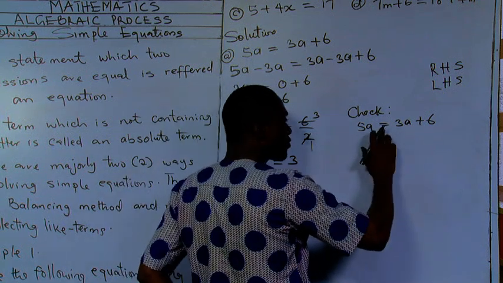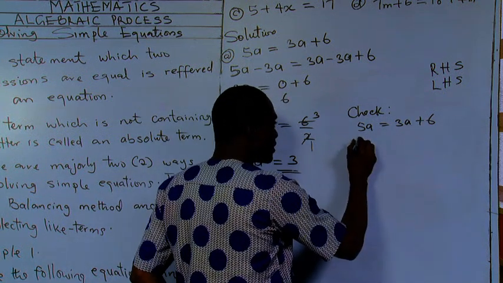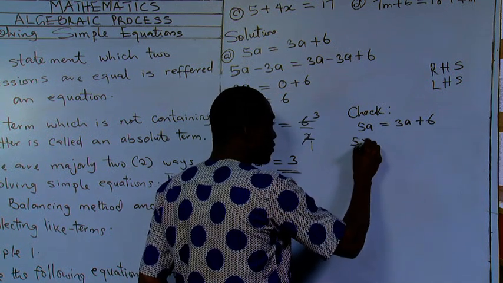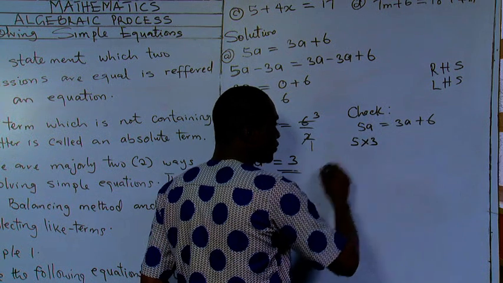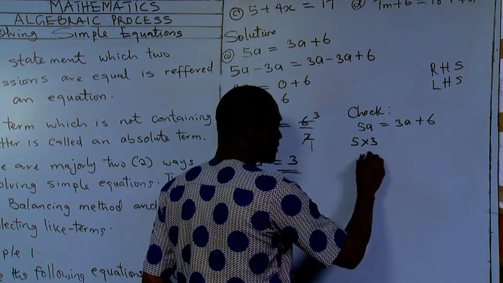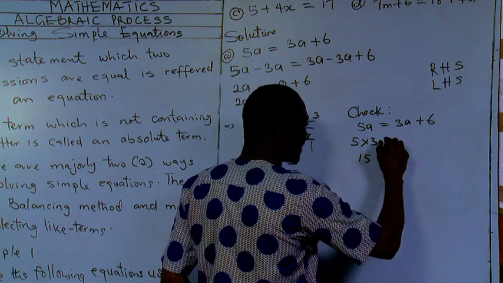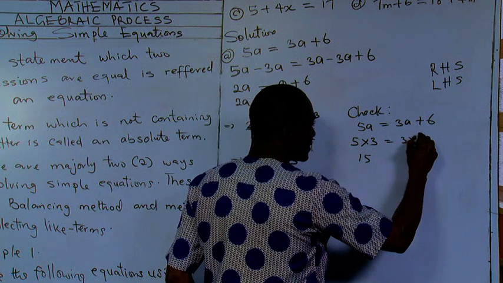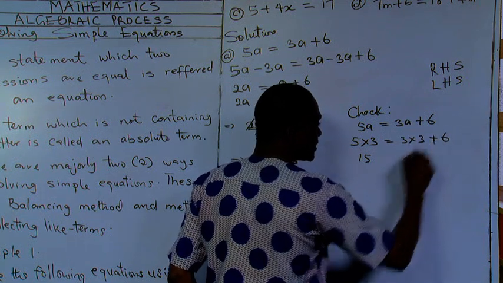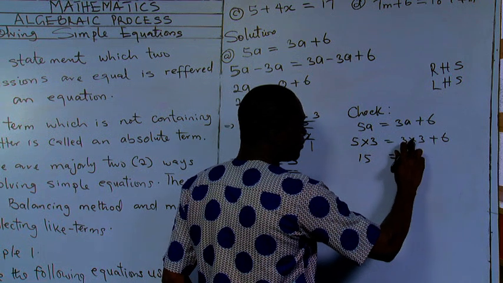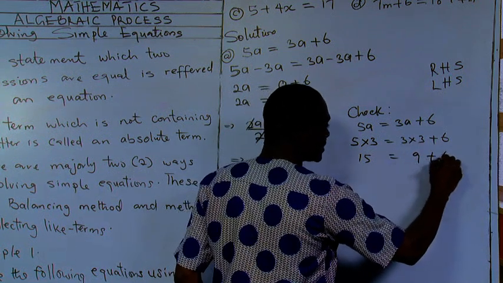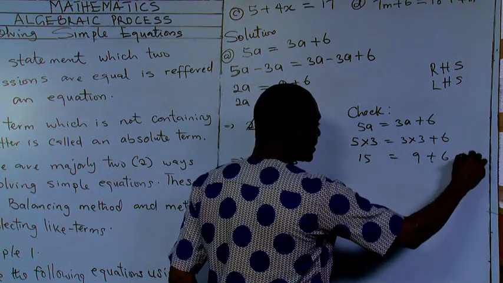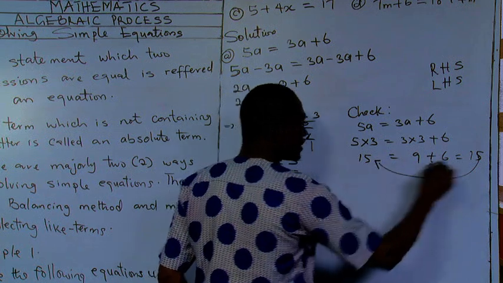So 5a means 5 multiplied by a, which is 5 multiplied by 3. And 5 times 3 is 15. Now let's come to this side. 3a is 3 multiplied by 3 plus 6. 3 times 3 is 9, plus 6, and 9 plus 6 is 15. Which is the same.